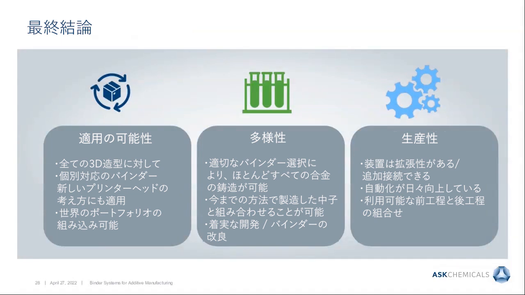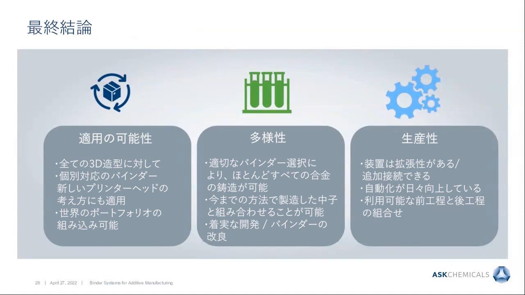And one aspect we are focusing on is building up a worldwide portfolio. So it doesn't matter where you print your parts, you always obtain the same quality product in each region.